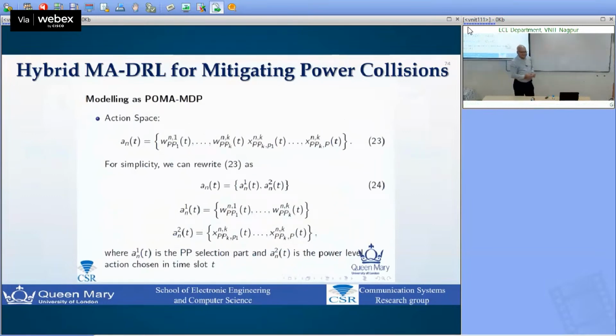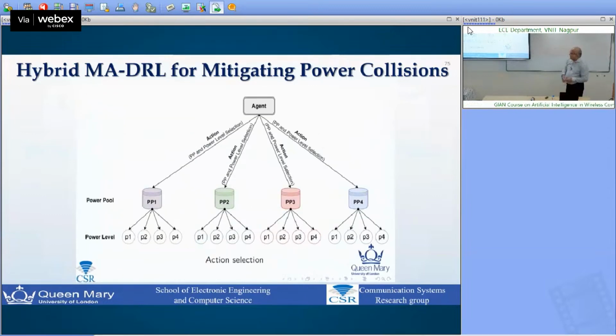Now, when an agent selects an action, it is going to get a reward. Here, the agent can select this power pool, or this power pool, or this one, or this one. Then, if it selects this power pool, it can select one of these power levels. So the agent, for example here, is one device.